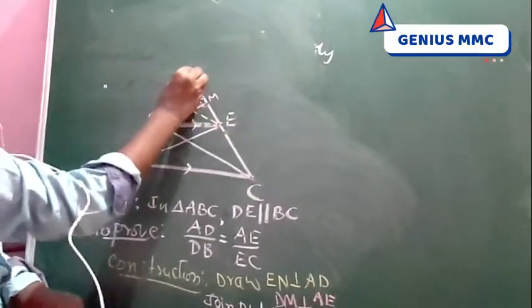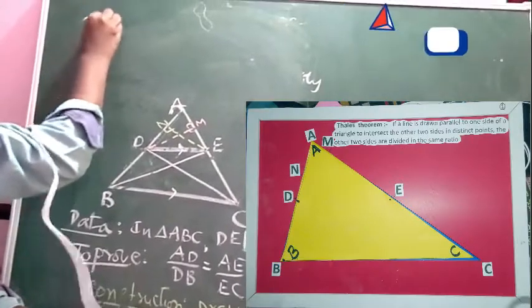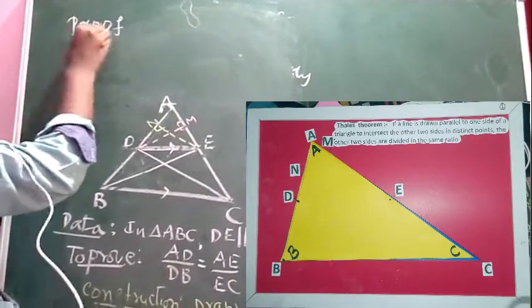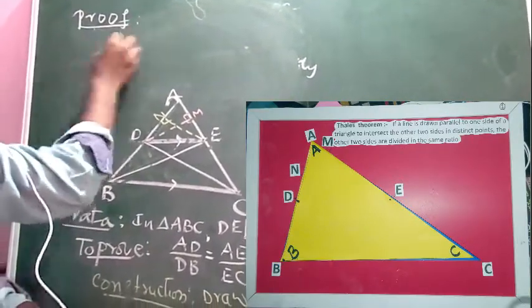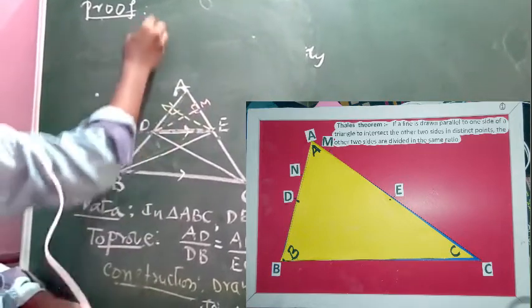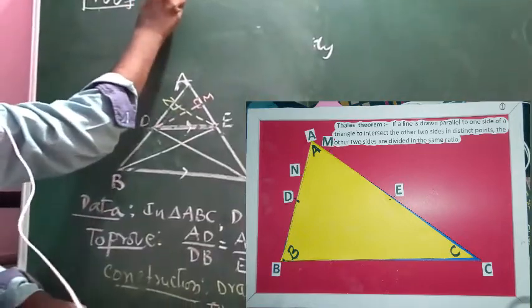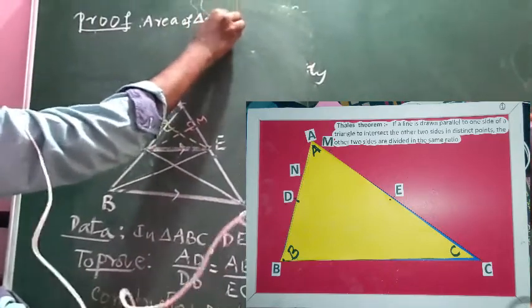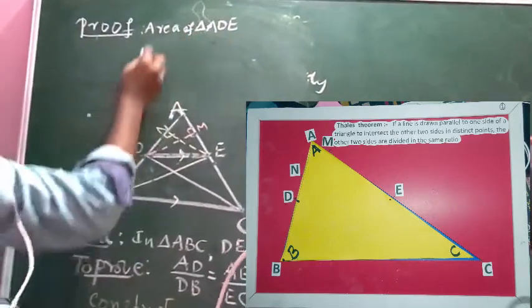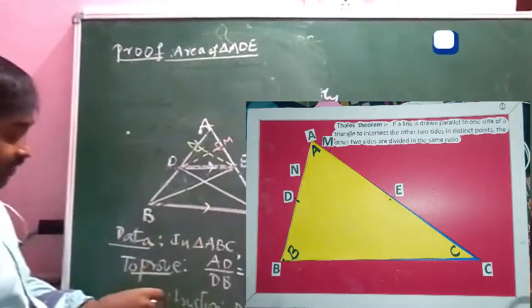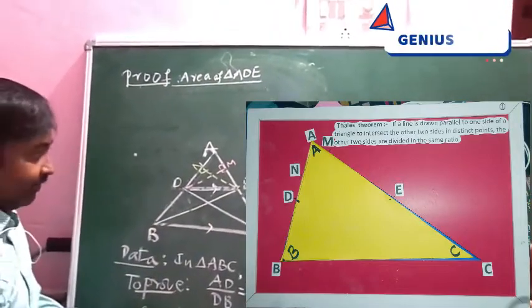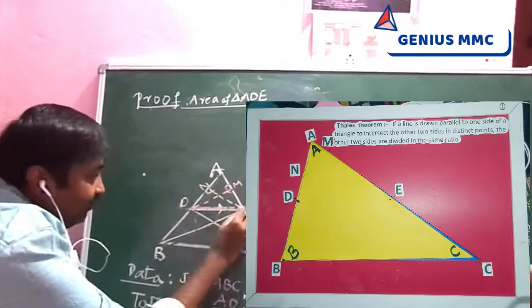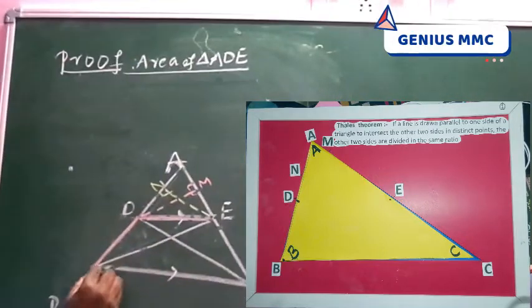So next is the proof. Take down the upper triangle here. Write down the formula for the area of triangle ADE, divided by the other triangle having DB as base.